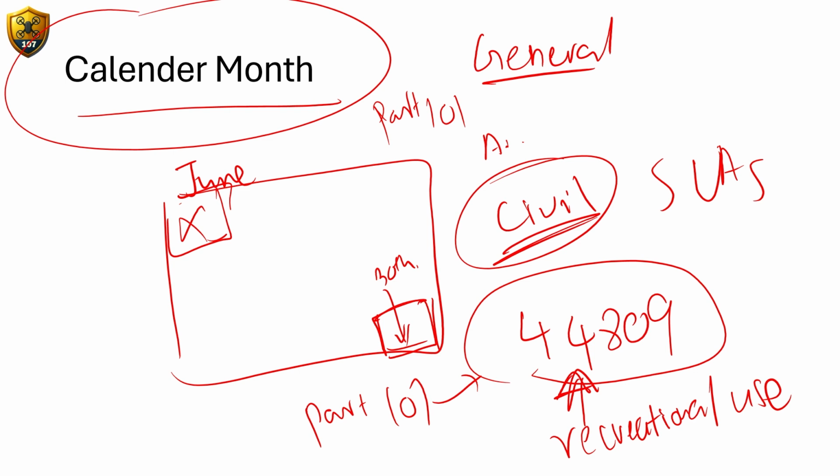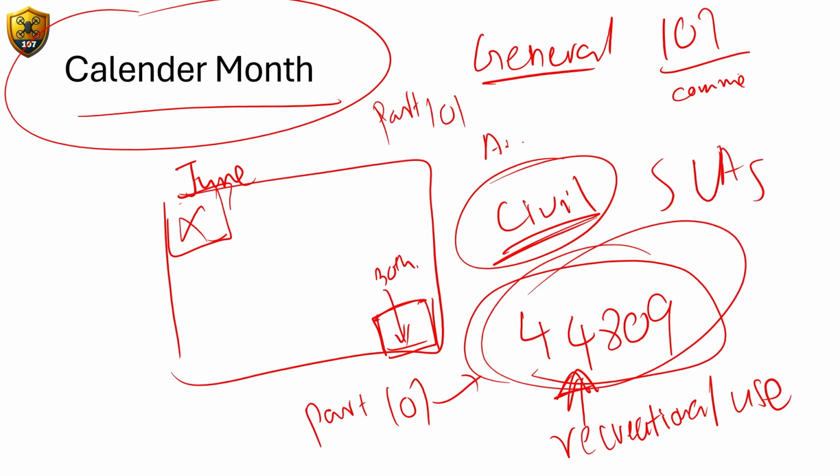So always, Part 107 is for commercial operations. Your intention is not for fun, right? So you do something as a commercial operation or a mission. The thing that is going to cover the recreational use is under this section 44809.